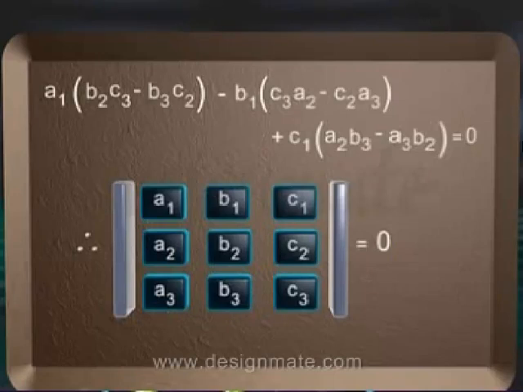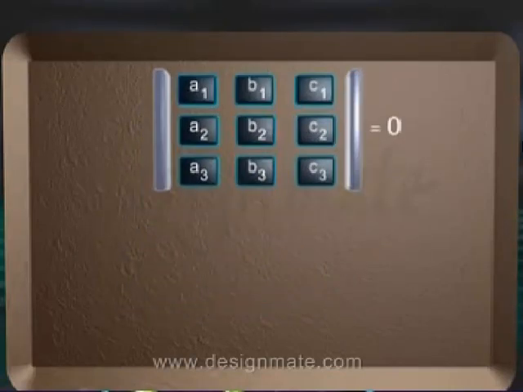Now we prove the sufficiency of the conditions. Let the determinant of a1, b1, c1, a2, b2, c2 and a3, b3, c3 be equal to 0.